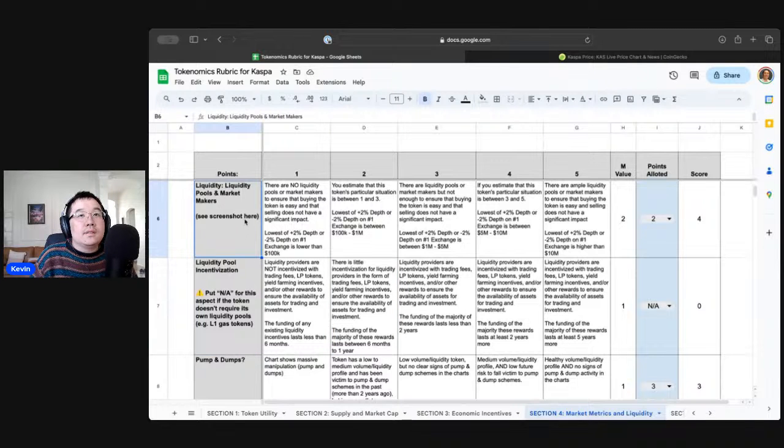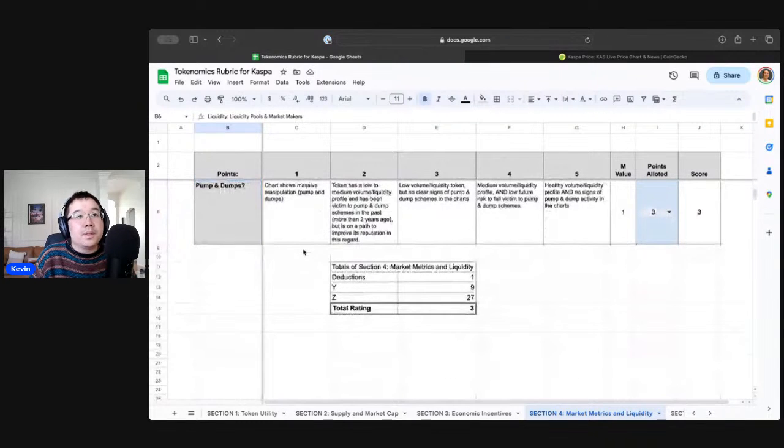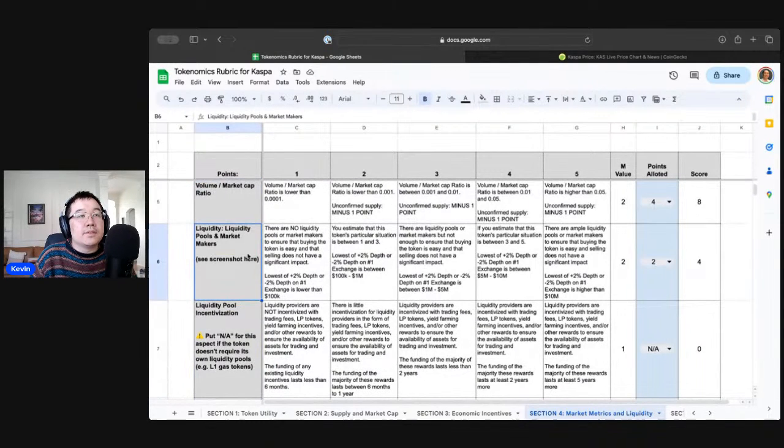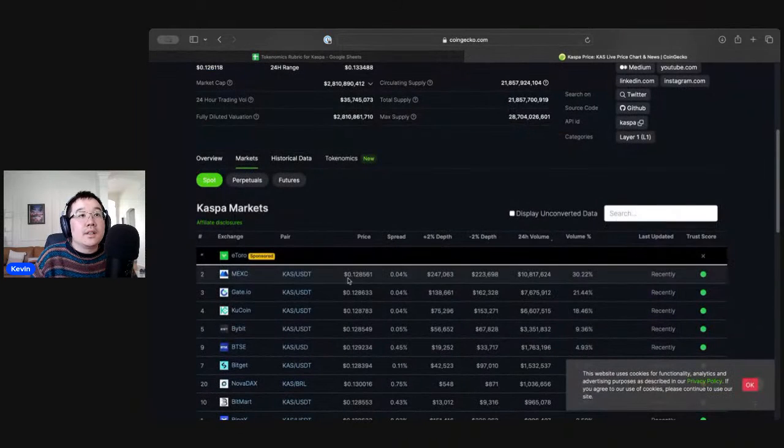Yeah, and we will add a screenshot here. It's in the PDF, but I don't believe we put it on here specifically to show you an example, but I kind of just showed you an example here, like how you look at this plus 2%, minus 2% depth in CoinGecko.